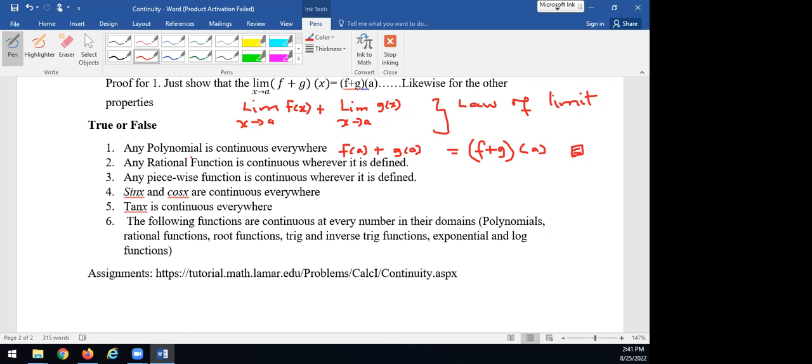Like you would have f of x equal to x squared plus 5x cubed plus 6x to the 5th power, right? So those will not have any denominator. So you're not going to have any issue with being divided by 0, that kind of thing.